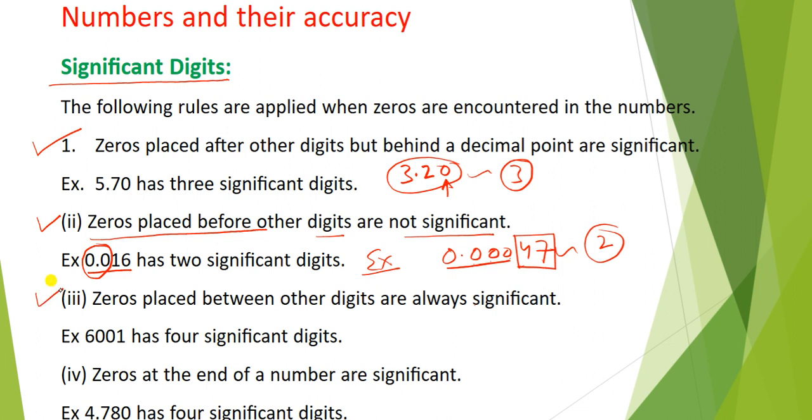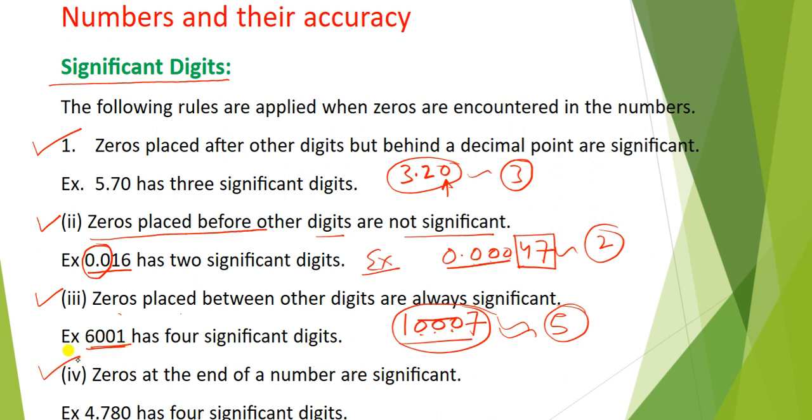Now the third point is that zeros placed between other digits are always significant. Say 1007. Here the zeros are significant, and this number has 5 significant digits. Say 6001 has 4 significant digits.